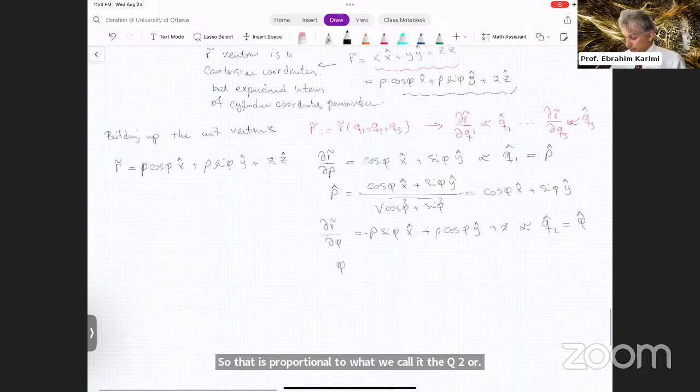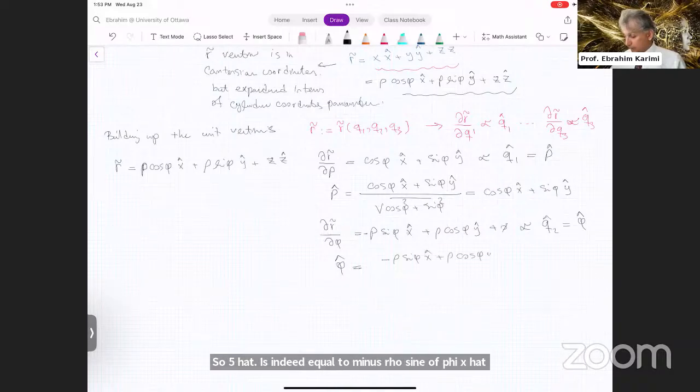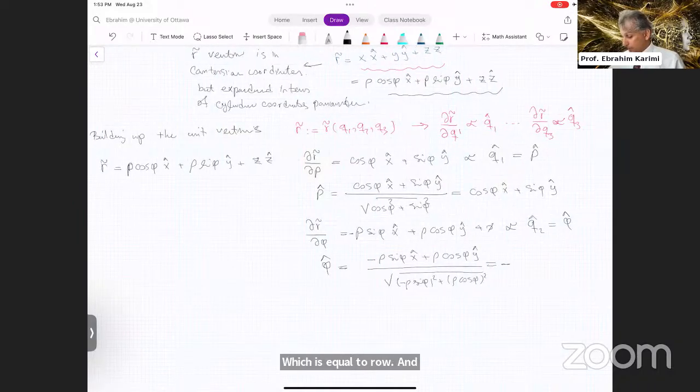That is proportional to what we call q2, which is equal to phi hat. So phi hat is indeed equal to minus rho sine of phi x hat plus rho cosine of phi y hat divided by its magnitude, which will be the square root of rho sine of phi squared plus rho cosine of phi squared, which is equal to rho, and the entirety of this will be minus sine of phi x hat plus cosine of phi y hat.